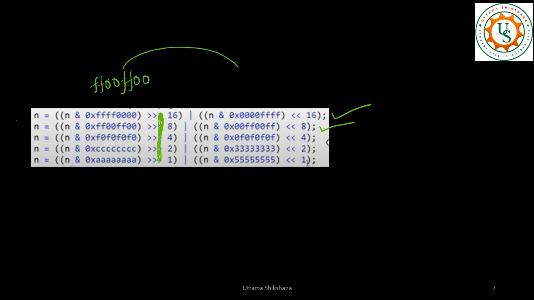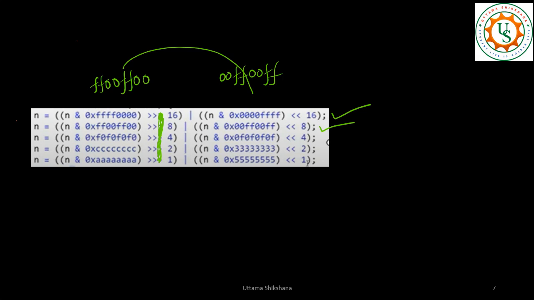So here in the second one you should select 00FF and 00FF. Okay, so that will ensure that within this, 8 bits would be swapped in the first one, and the other 8 bits would be swapped in the second one.